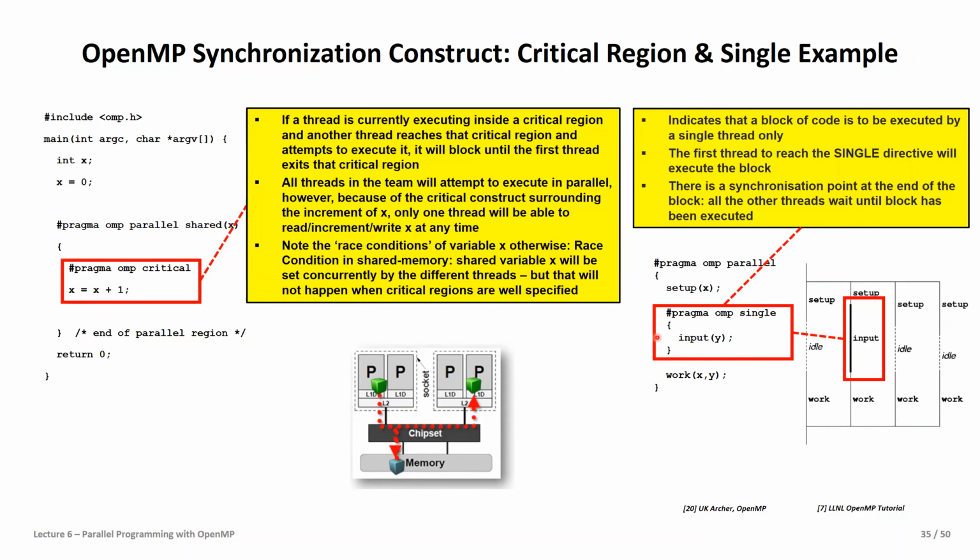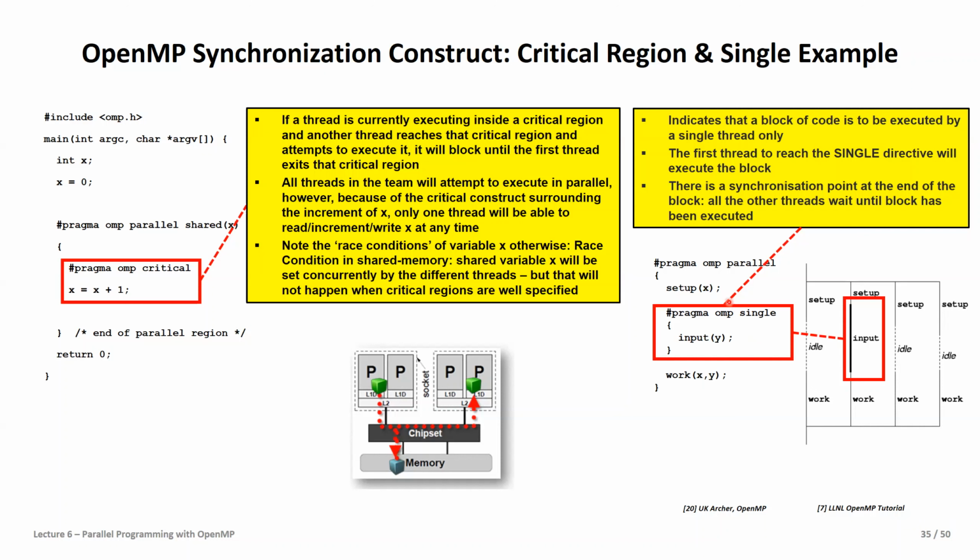Very similar in a way is this pragma OMP single. Also here, you want to prevent others from actually doing something, so you put them as idle. Not really to sleep; there's a difference between sleeping and idle in this sense.